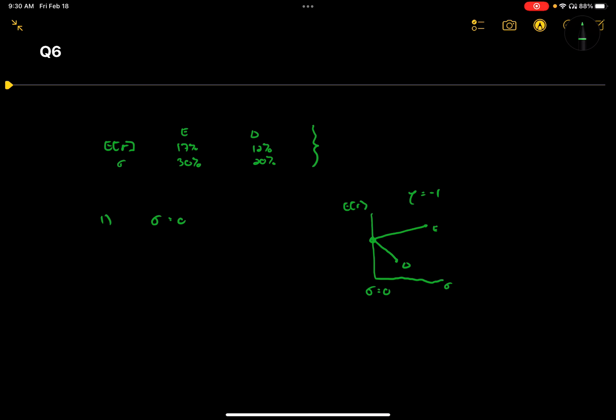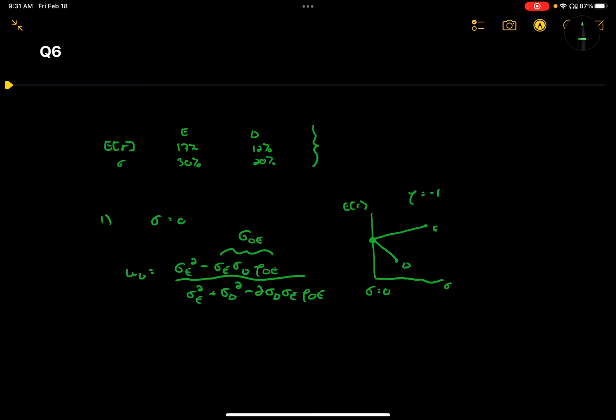Anyway, the standard way to do this is we just get the formula for the minimum variance portfolio on the formula sheet. So we get something like sigma E squared minus sigma D sigma E rho, over sigma D squared plus sigma E squared minus 2 sigma D sigma E rho.